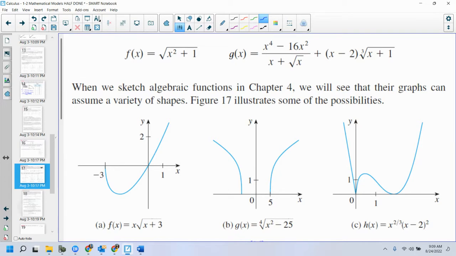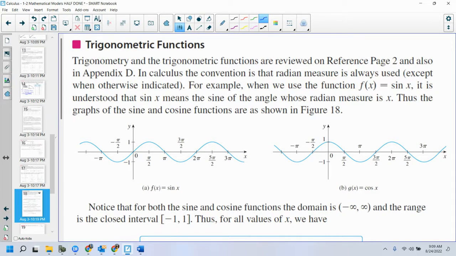And then we have our good friends, the trigonometric functions. The trigonometric functions are basically just sines, cosines, tangents, secant, cosecant, cotangent, all those fun things. Make sure that we're always in radian mode.